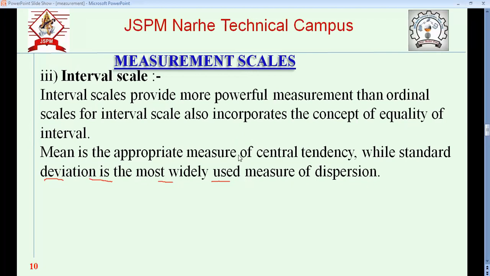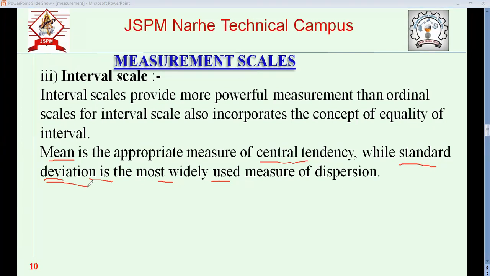To indicate the central tendency, we use the mean. We calculate the mean. And for dispersion, we use the standard deviation. We use the standard deviation for dispersion and the mean to indicate the central tendency.